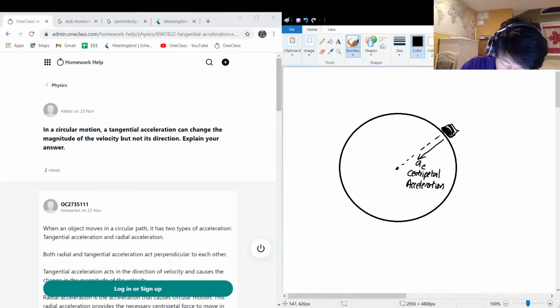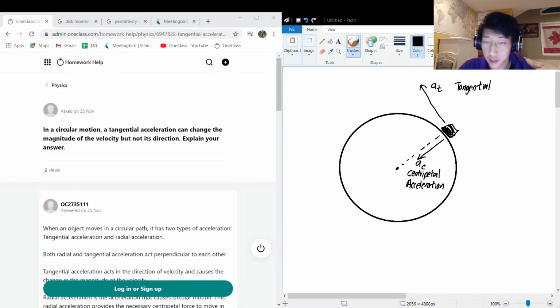Now the other acceleration, the tangential acceleration, controls how fast you are moving around the circle. If we're in the car driving in a roundabout, tangential acceleration is pretty much how much you're putting the gas pedal down or how much you're putting on the brake pedal.